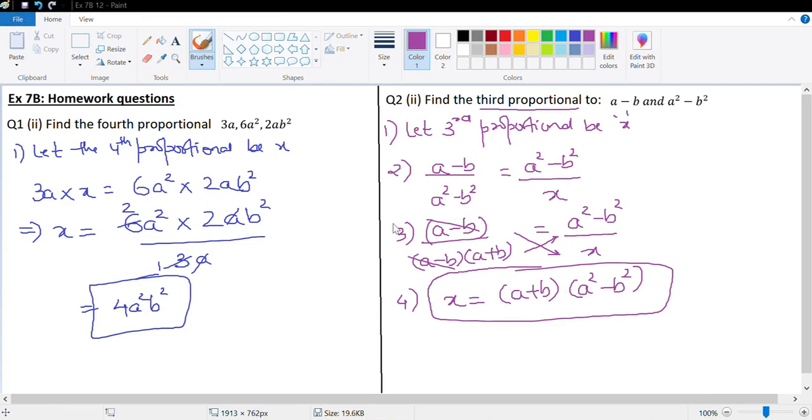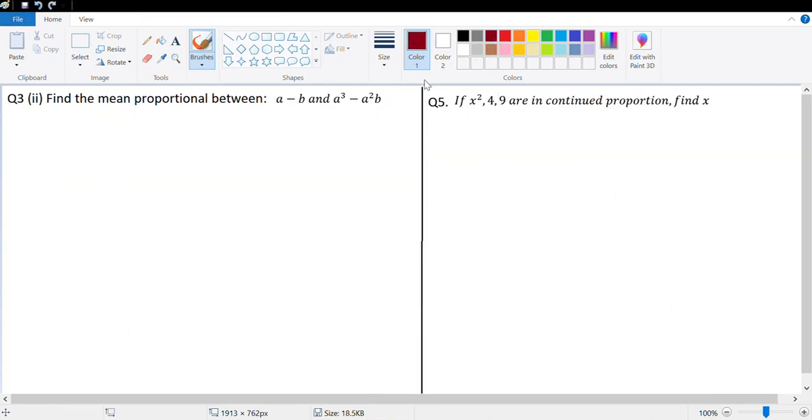The next question that we are doing is question number 3, part 2. It says find the mean proportional between a minus b and a cube minus a square b. So let mean proportional be x.